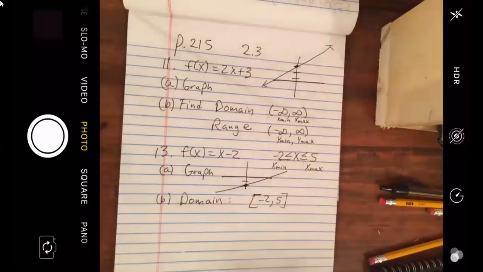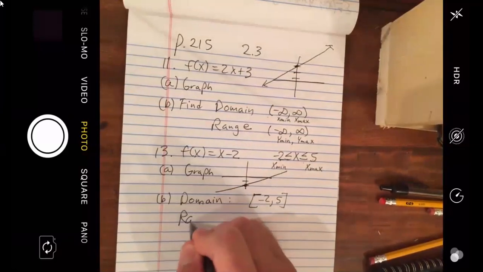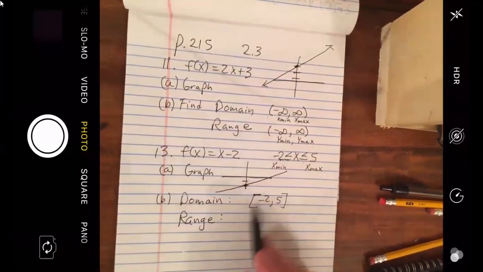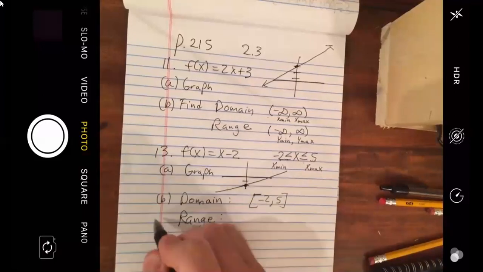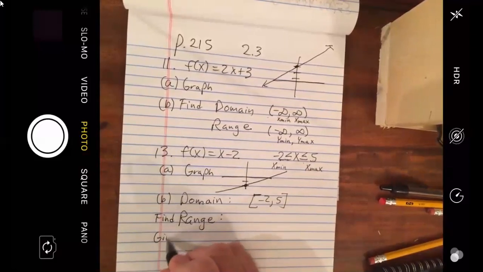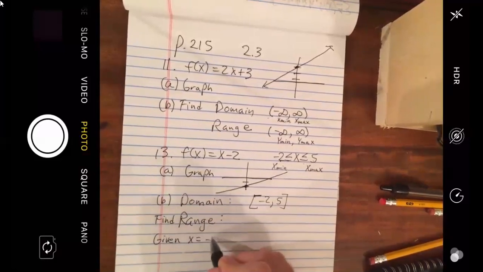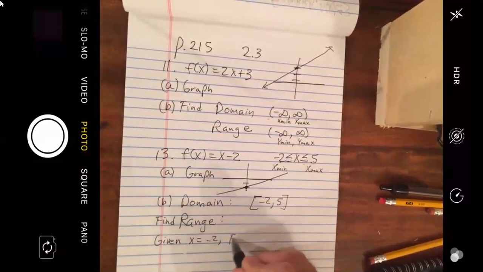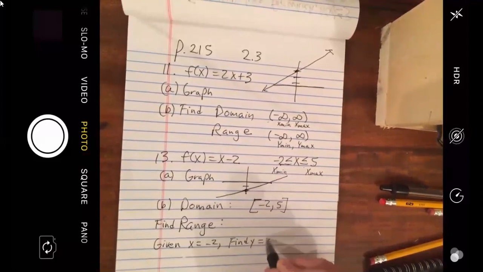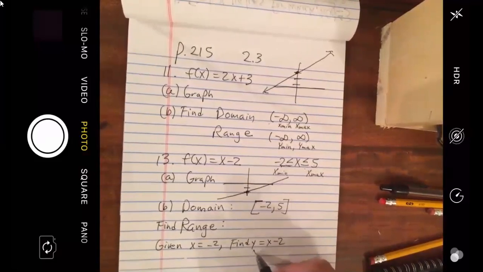Now, the range is a little trickier. I used -10 and 10 on the calculator, but that's not the range they want here. Basically, to find the range at the left side of the domain, given x equals -2, I've got to find y. Well, y is equal to x minus 2. So y is equal to -2 minus 2, which is -4.